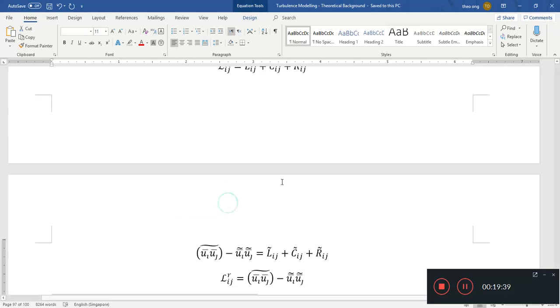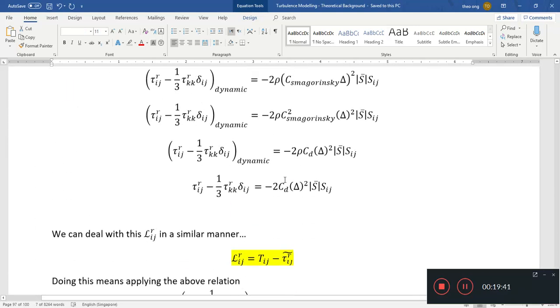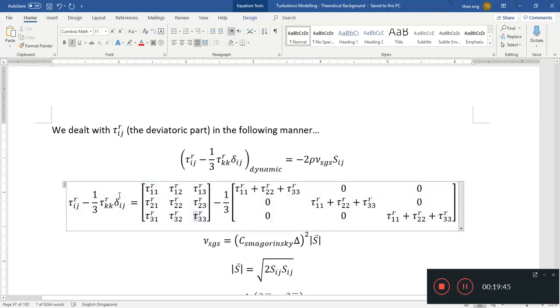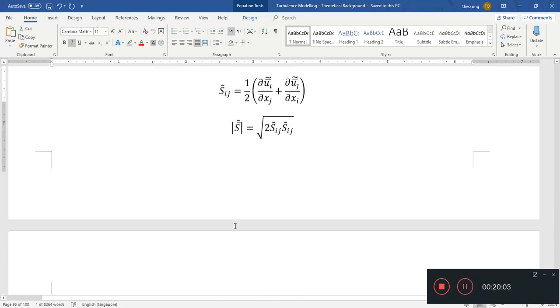Remember what this matrix looks like? It is over here. So if you only know this part, we can derive this part out by just taking the diagonals, summing them up, placing them in the diagonal parts of this matrix, dividing by 3, and subtracting off. So this is how we get this deviatoric part.